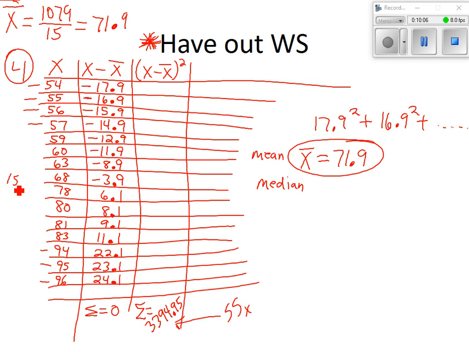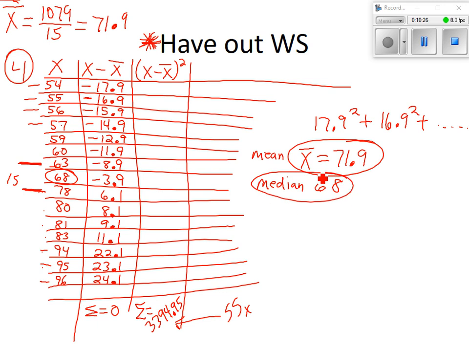If we go to the whole number 7, 1, 2, 3, 4, 5, 6, 7. So that's the 7th one from the top, and the 7th one from the bottom. What's our median going to be? 68. That's one of our answers.